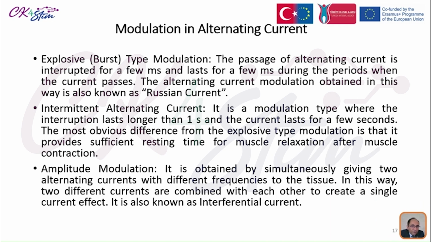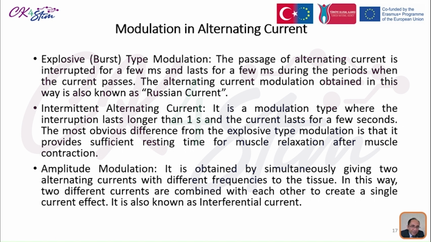In modulation of alternating currents, we observe three different types. It can be an explosive type of modulation, intermittent, or amplitude type modulation.